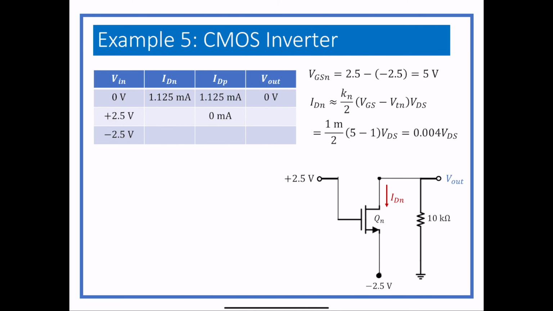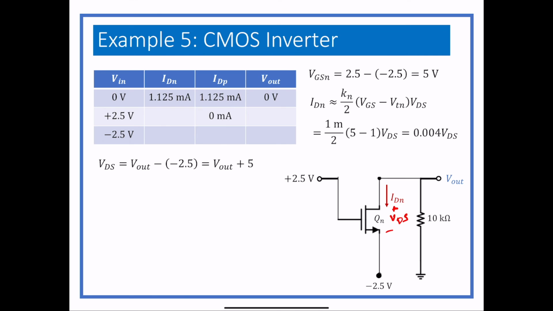So we can get a relationship, but we don't have anything we can do with that. We do know that VDS is V out minus negative 2.5. We know that because VDS would be right here, and we just have to make a loop to make that equal to 0. So we know that V out plus 5 is going to have to be VDS, whatever that happens to be.